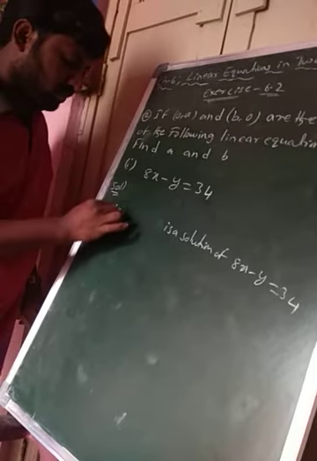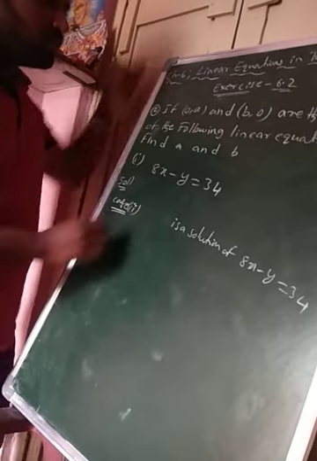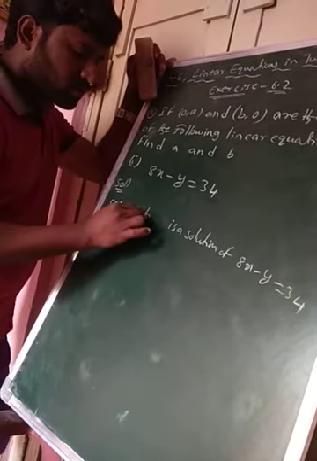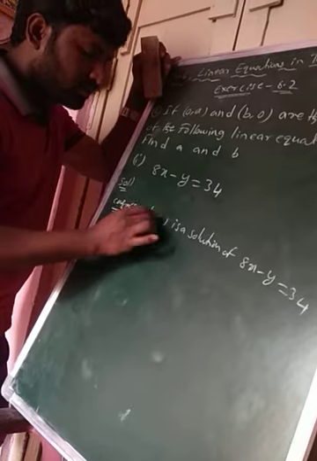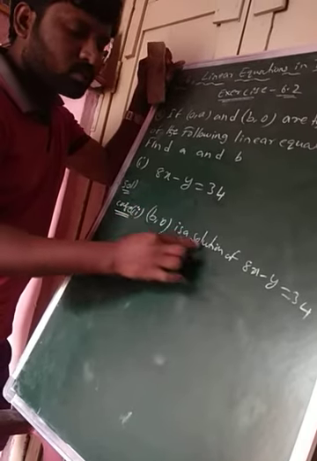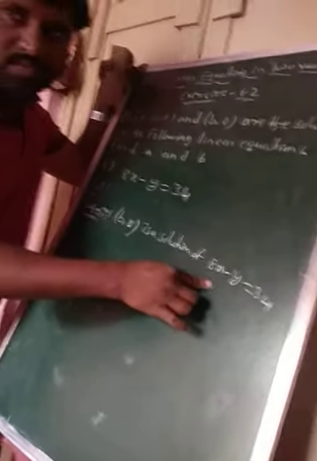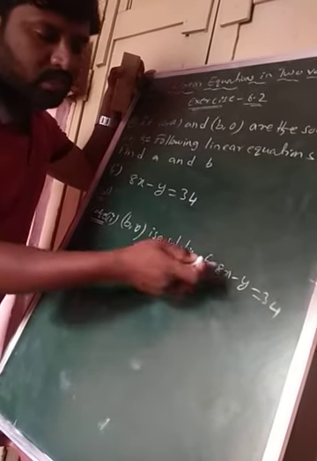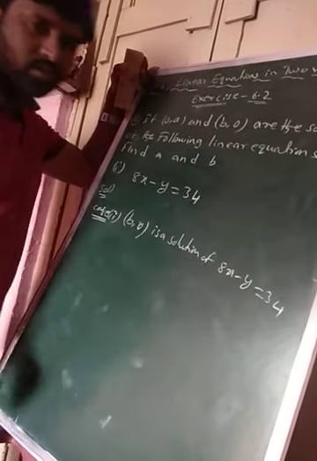Now again you see, in case 2, (b, 0) is a solution of the particular linear equation with 2 variables, 8x minus y equals 34.